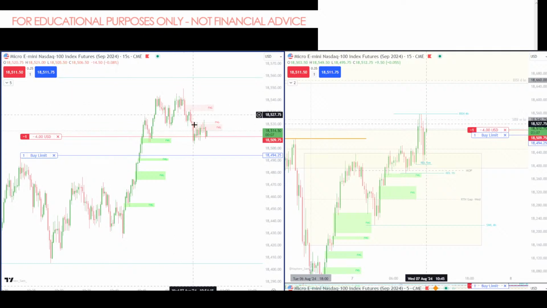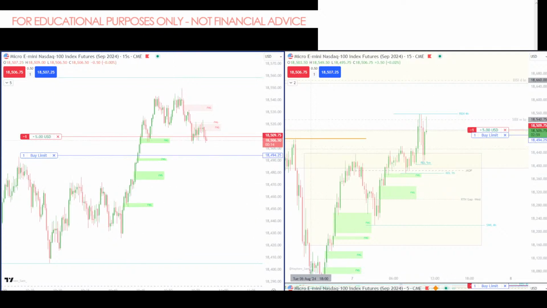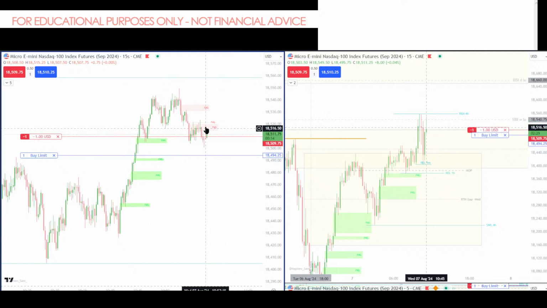You have a high and a low, a higher high and a lower low. Now that's a very low time frame, but we're in this range. So it's very possible we're going to go down here. Like this area here would be a bearish breaker. And we've come up into the bearish breaker.